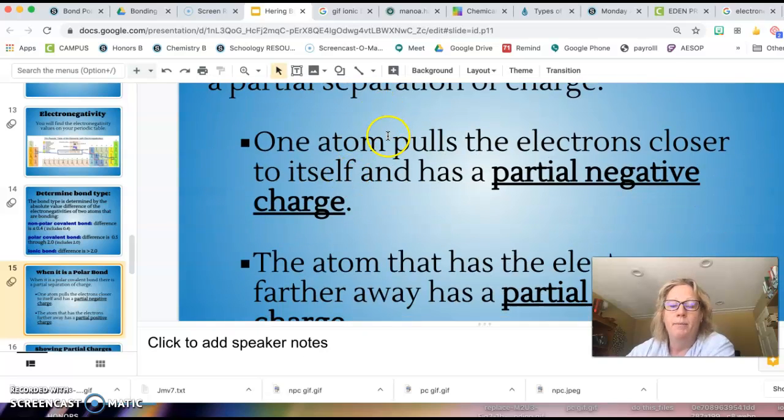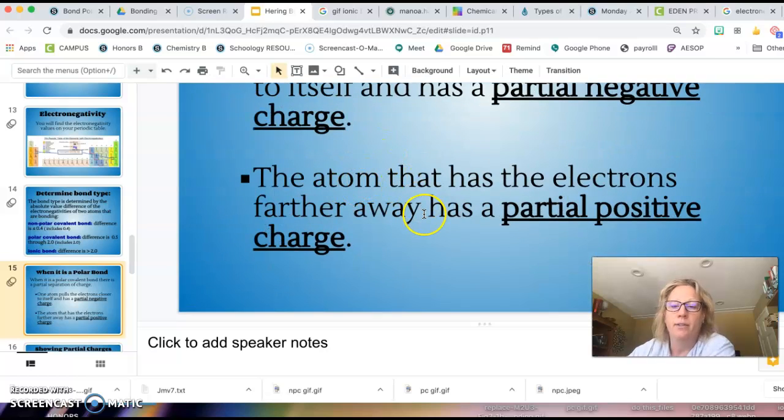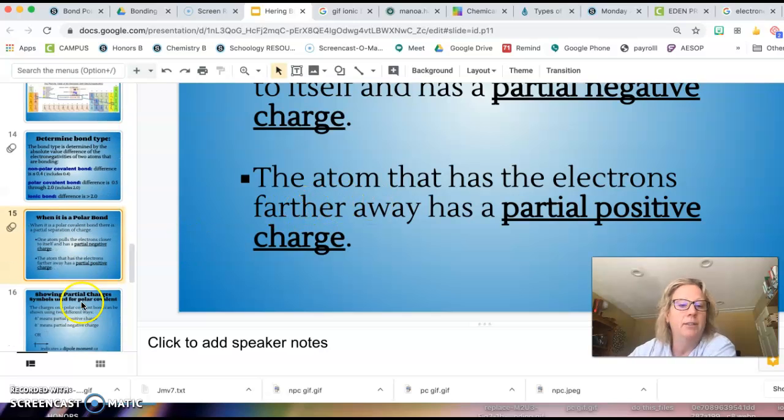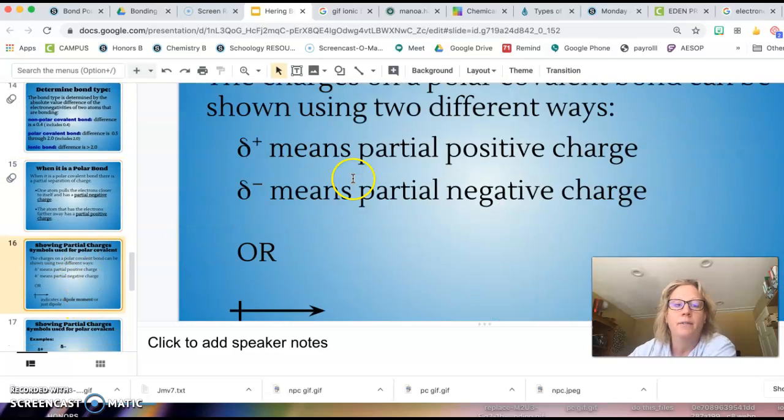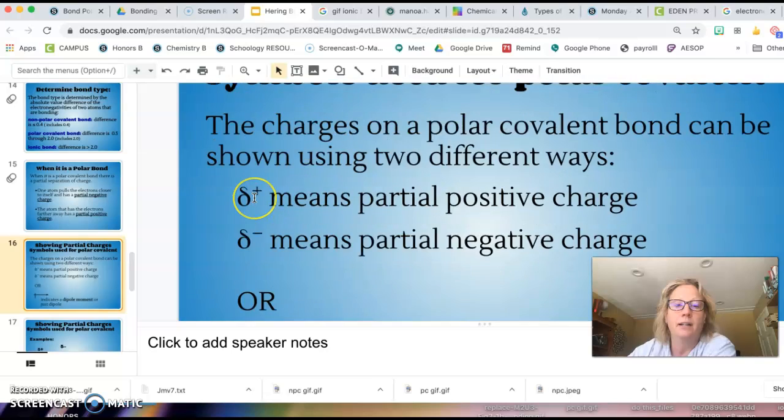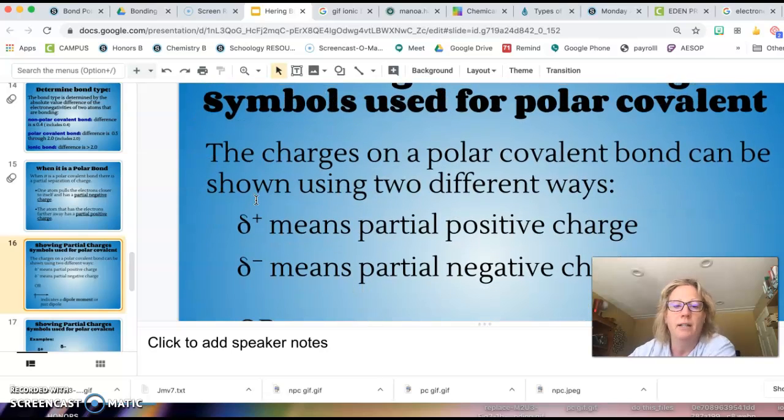When you have a polar bond, remember that one atom is going to pull on those electrons and become partially negative, and the other one is going to be kind of exposed, its nucleus, and become partially positive. We show that using these little Greek letters, lowercase delta. This is just a way of saying that it's partially, not completely, positive and partially negative.